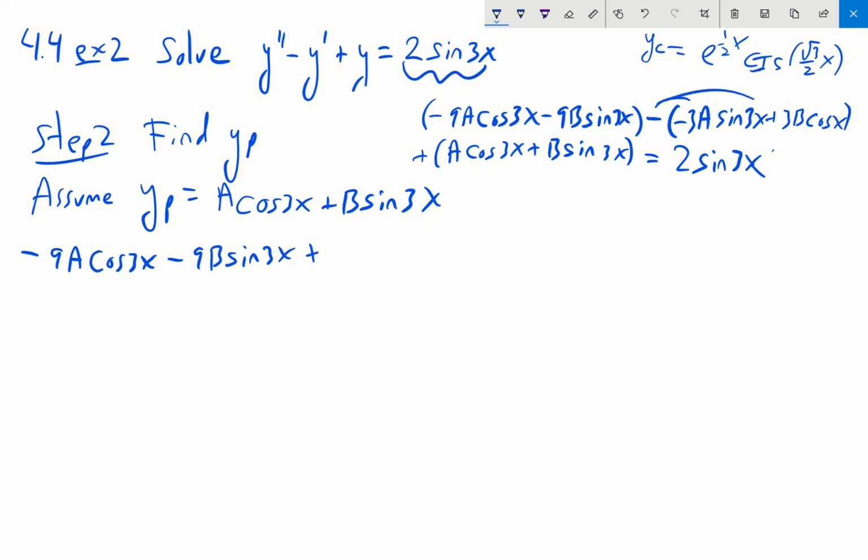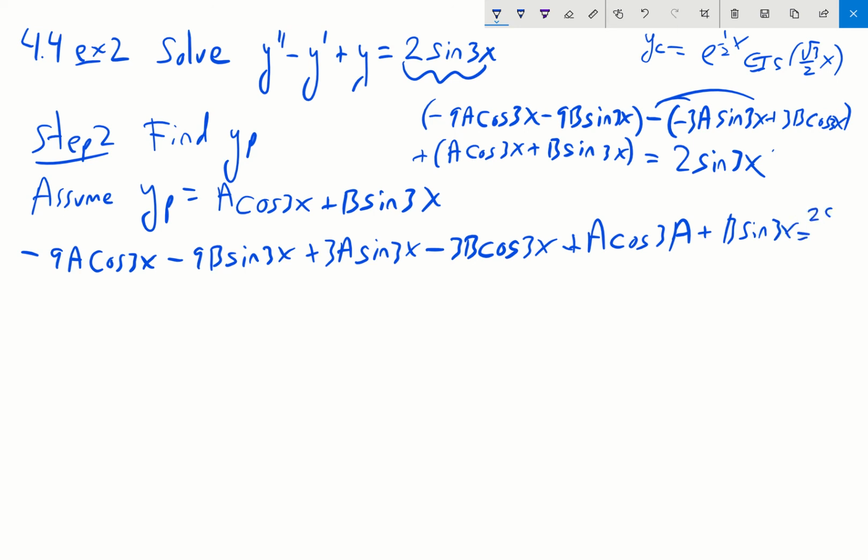Distributing this negative sign through, we get a positive 3a sine of 3x minus 3b cosine 3x, plus a cosine 3x plus b sine 3x, and this is equal to 2 sine 3x.